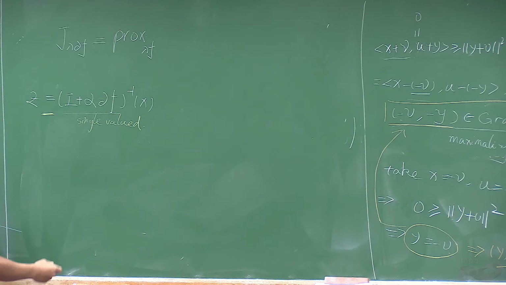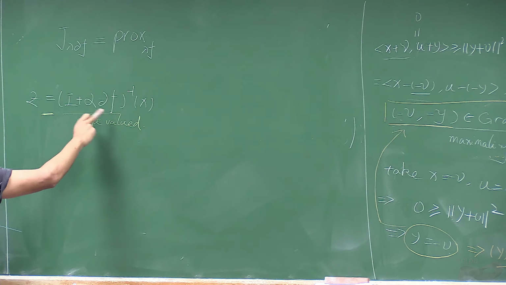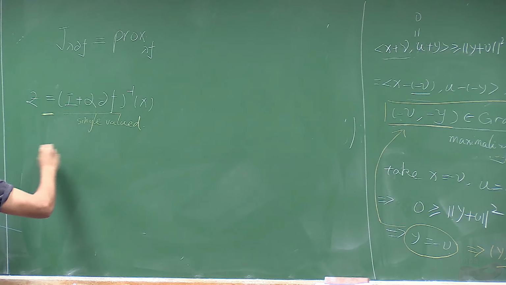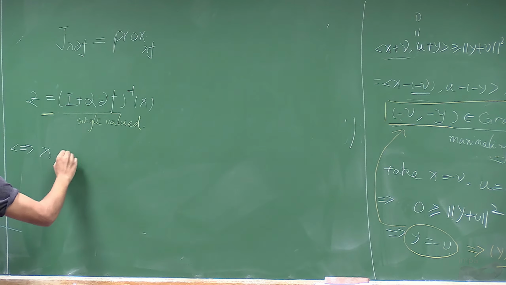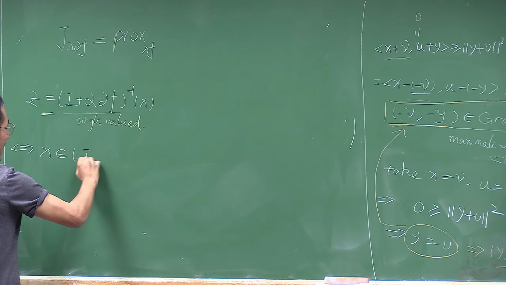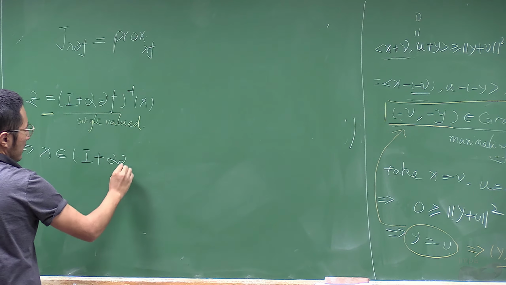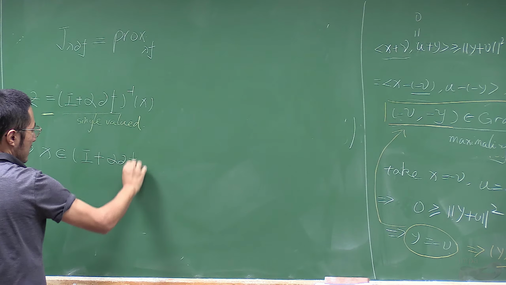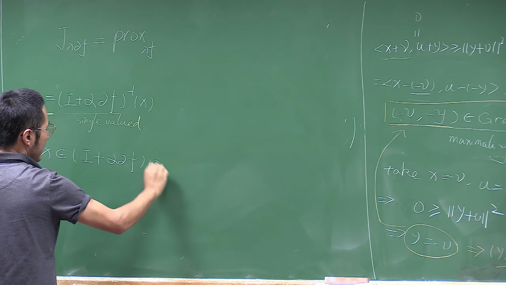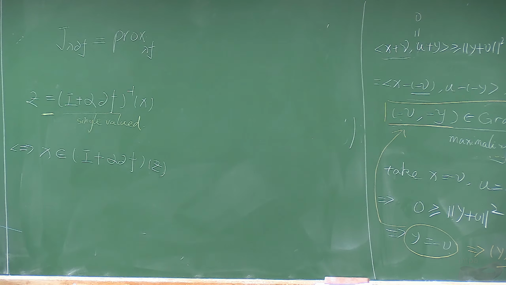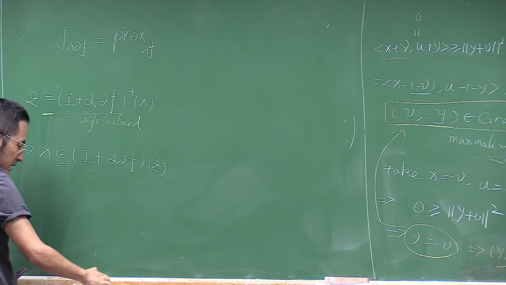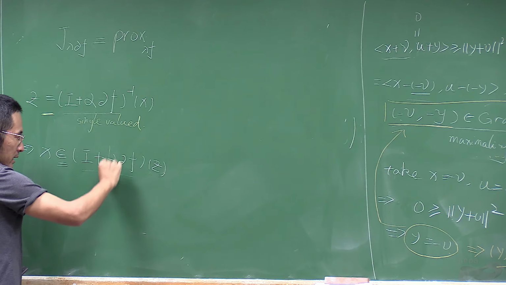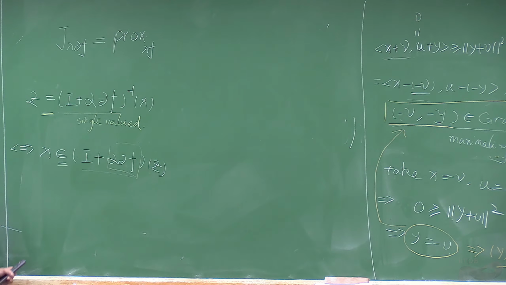By the definition of this, we can write x belongs to (I plus alpha times the subgradient of f) of z. But we cannot write equals here, because even though this operator is maximal monotone, that does not imply that it is single valued.